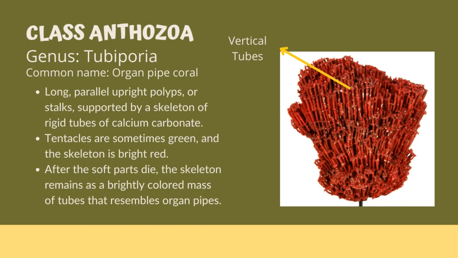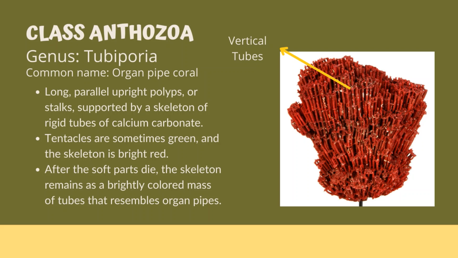Another under the class Anthozoa is the Tubipora, commonly known as the organ pipe coral. They occur on reefs in shallow waters of the Indian and Pacific Oceans and are characterized by long, parallel, upright polyps or stalks supported by a skeleton of rigid tubes of calcium carbonate.